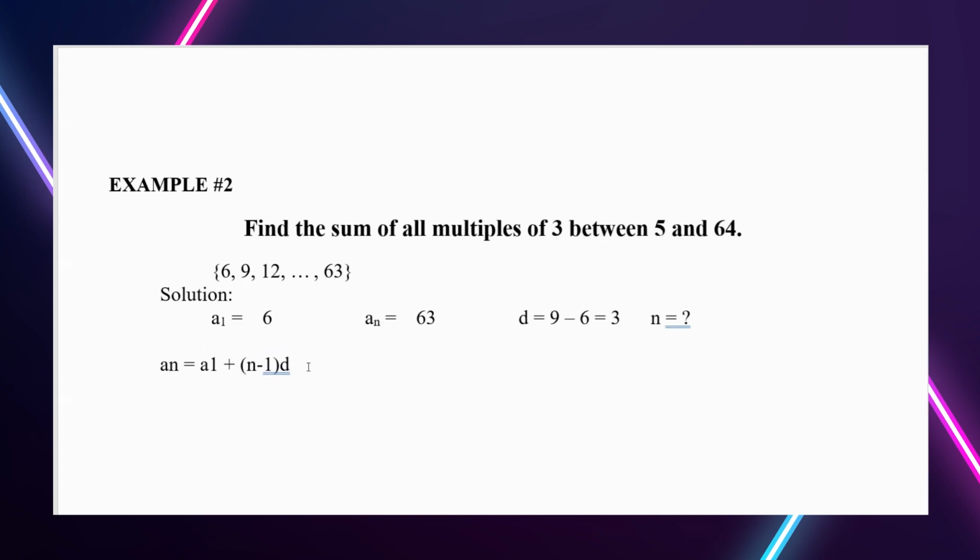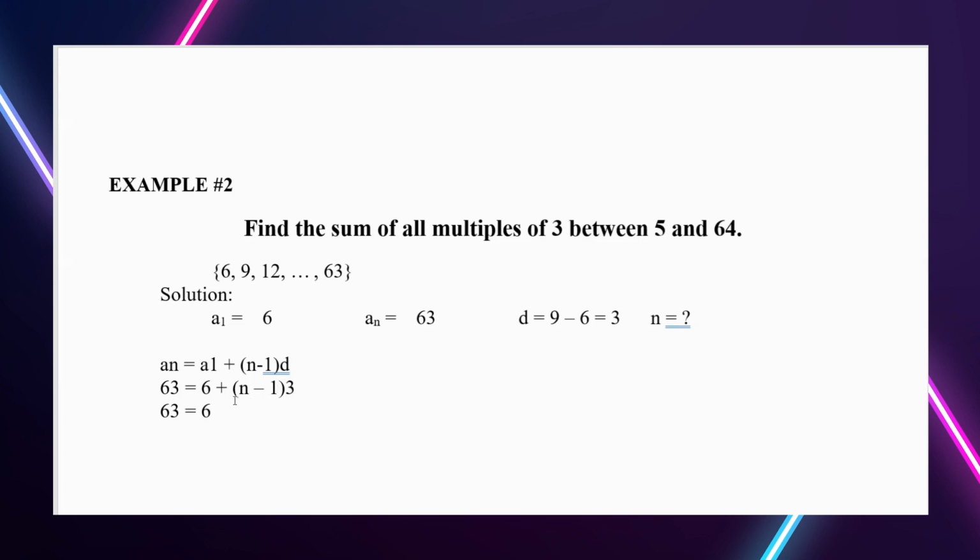Okay? Bago natin makuha yung sum, kasi napaka-importante na alam natin ang value ng n when we are getting the sum of arithmetic sequence. So, ang value ng a sub n natin ay 63. Ang value ng a sub 1 natin ay 6 plus ang n minus 1 times the common difference which is 3. Okay, so simplify. 63 is equal to 6.